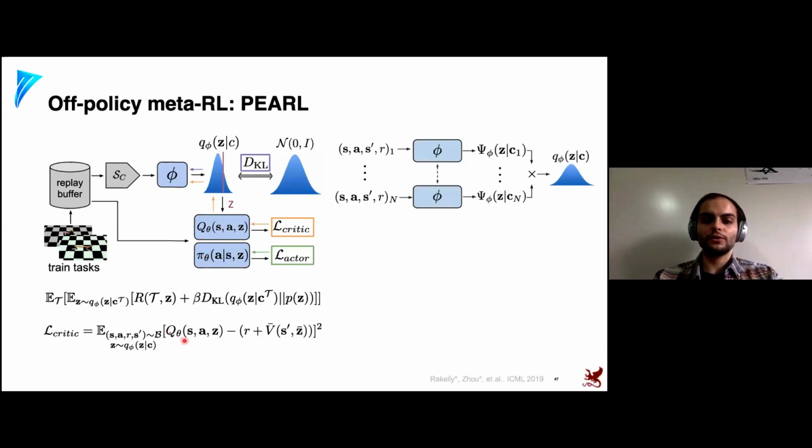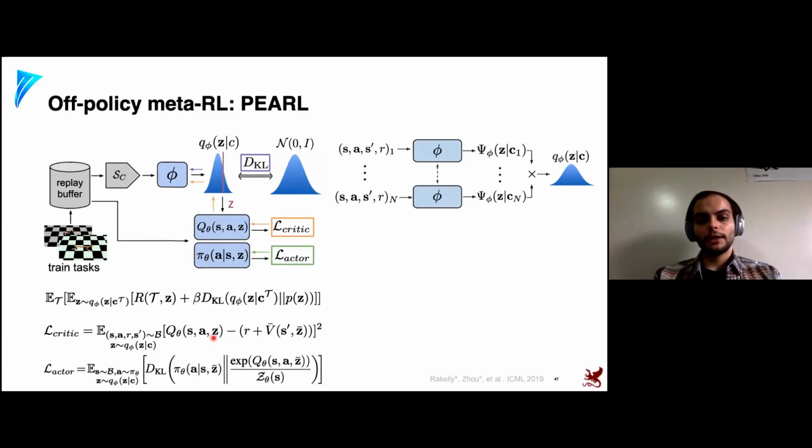So you'd like to find the Z such that your Q function can actually distinguish well between the tasks, and this Bellman error, or the TD error, the one-step error that we covered in one of the previous lectures, is minimized. Similarly, you can define an actor loss for the policy, and alternate between optimizing the policy and optimizing the inference function.